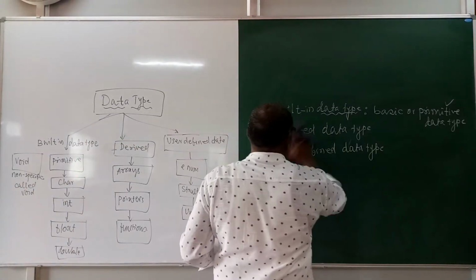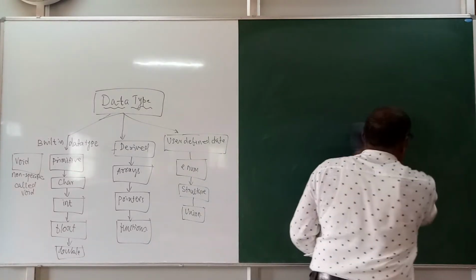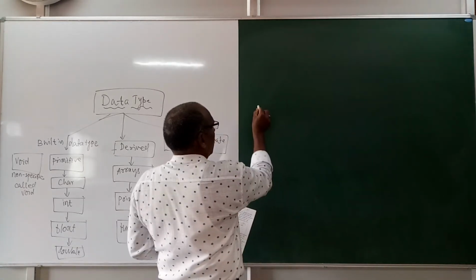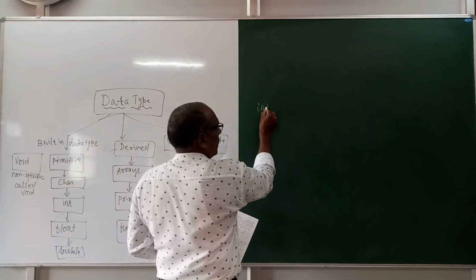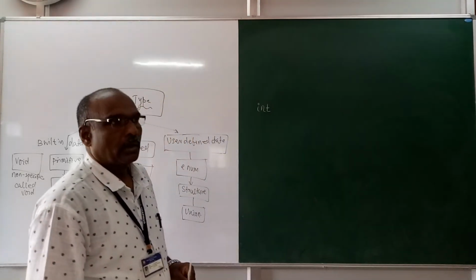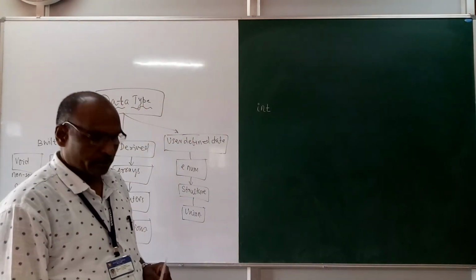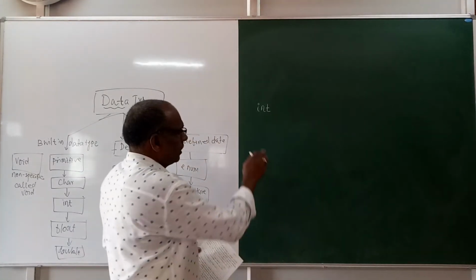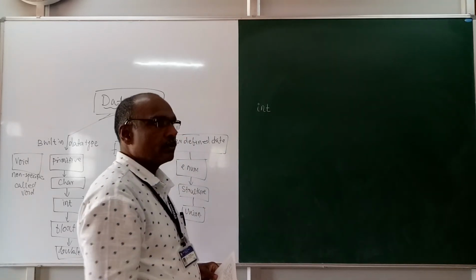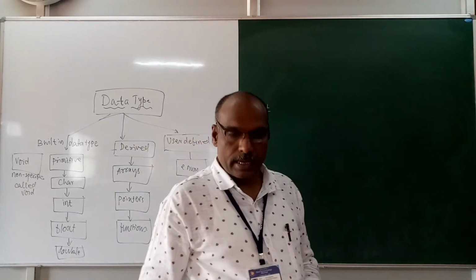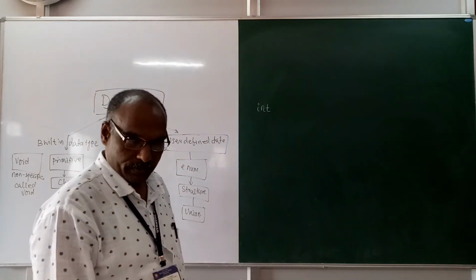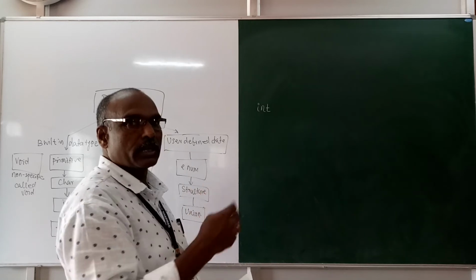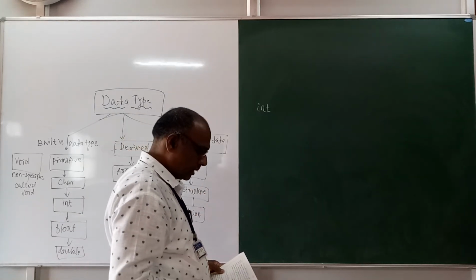What is called as integer. I'll write here small int, int. This is a keyword in C language. int is the keyword used to indicate an integer number. int is the keyword which we have discussed, among keywords, C tokens and other things.